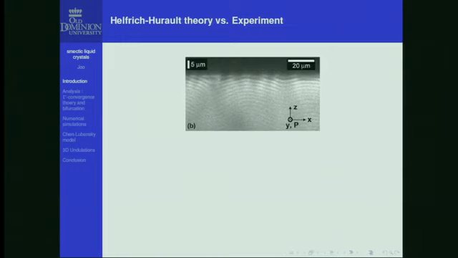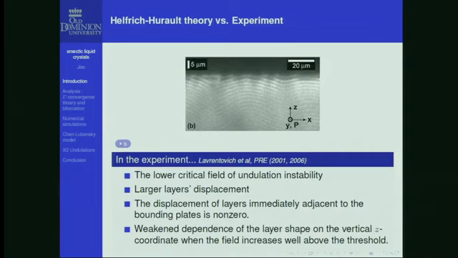But there are discrepancies between that classical theory and the experiment done by Lavrentovich in 2001. In this experiment, they found a lower critical field, a lower threshold, and a larger layer displacement, so the amplitude is bigger than expected in the theory.